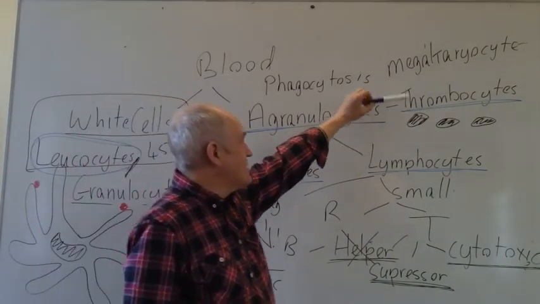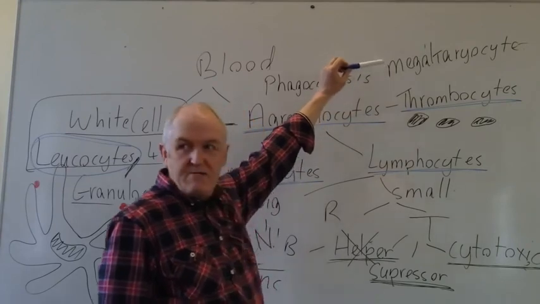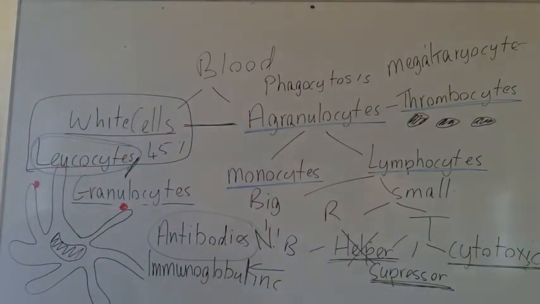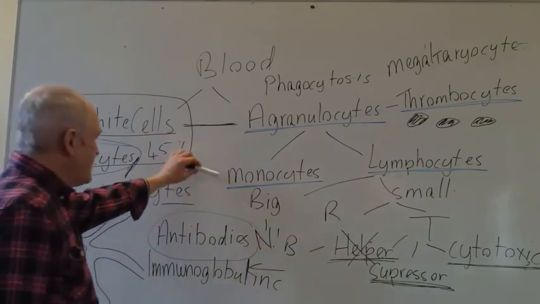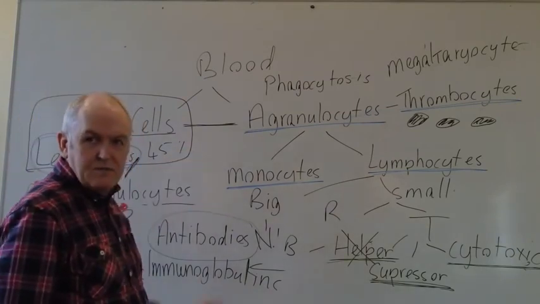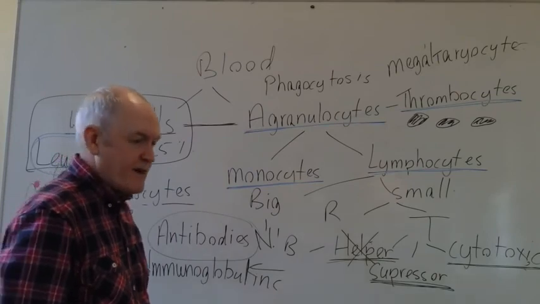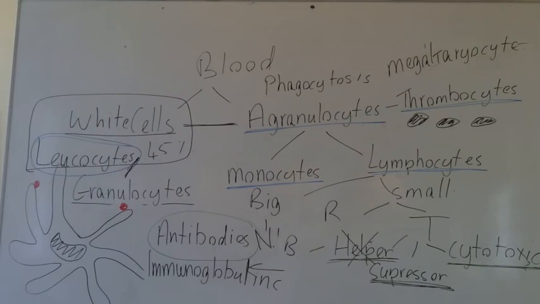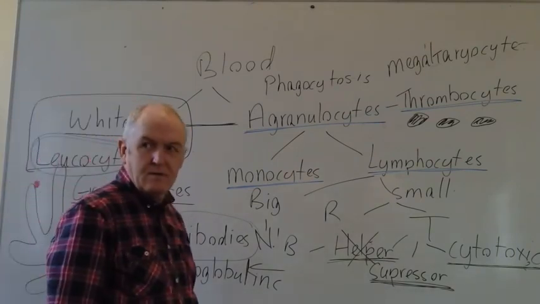The thrombocytes derive from bone marrow megakaryocytes and are the platelets. The monocytes migrate into the tissues where they can be seen as macrophages and antigen-presenting dendritic cells. The lymphocytes can be big or small.